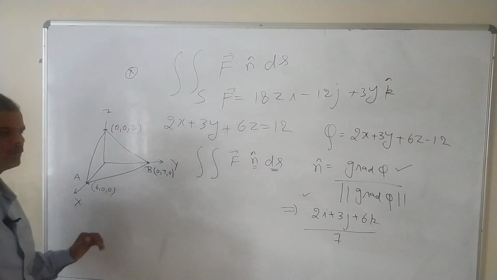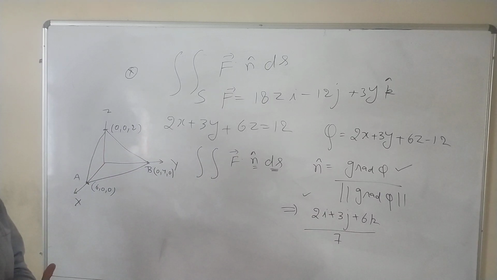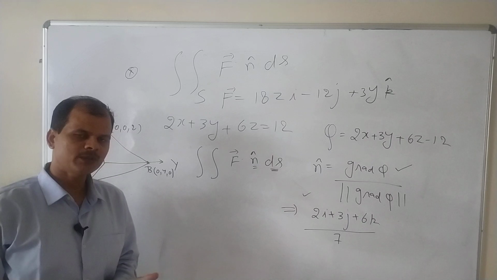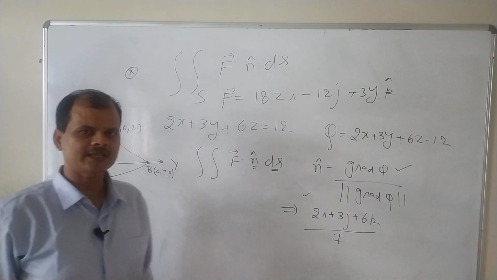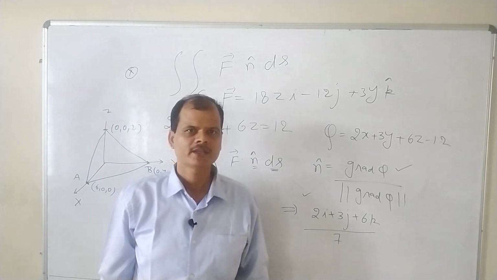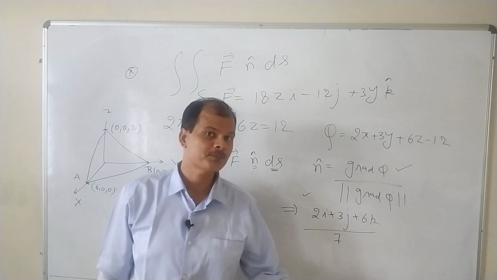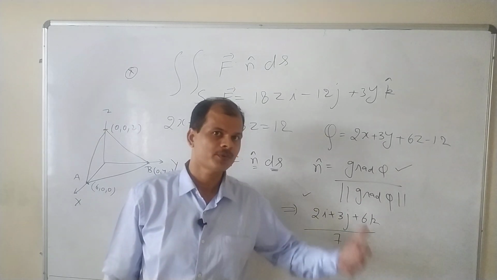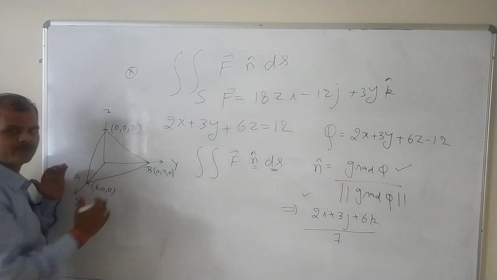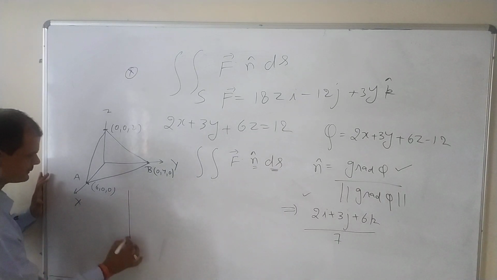Now for dS, we take the projection of this surface on the xy plane. So in the xy plane, z will be 0. See, I am standing here, I am a 3D picture, right? My shadow on the xy plane is the projection of mine on the xy plane. Same thing here for this surface, the projection on the xy plane will be something like this.